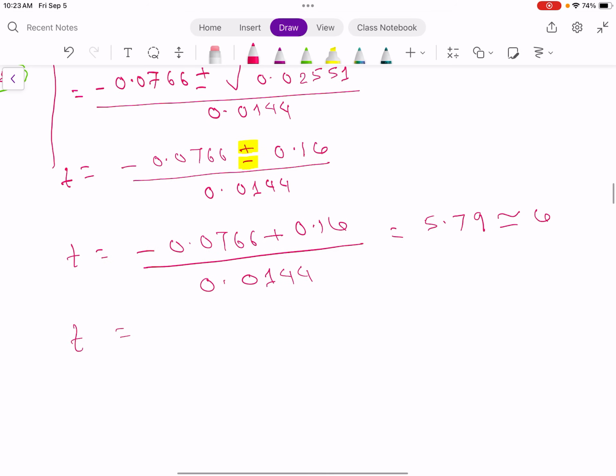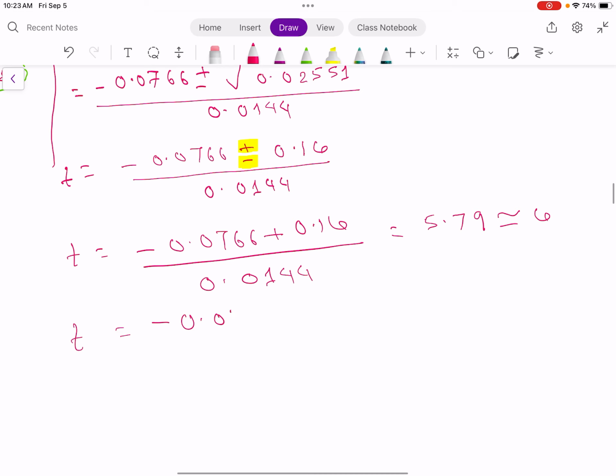Now next we take negative and find the value of t. So t is negative 0.0766 minus 0.16, divided by 0.0144, and this is negative 0.0766 minus 0.16, then we divide by 0.0144.